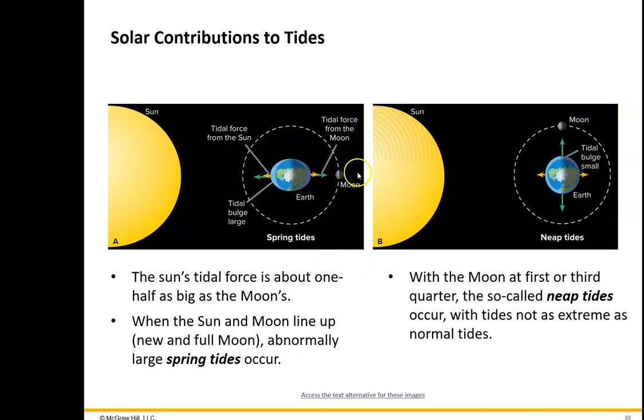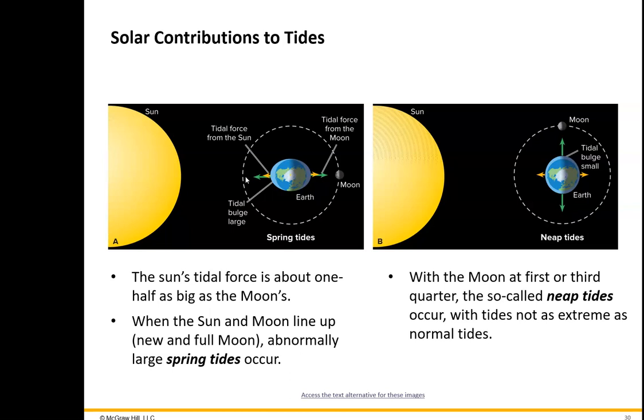When the moon and the sun are either 180 degrees apart, so that they line up, or they're on the same side of the Earth, right? From the Earth's perspective, the moon is on the opposite side from the sun. Of course, that's a full moon, and when the moon is over here, that's a new moon.